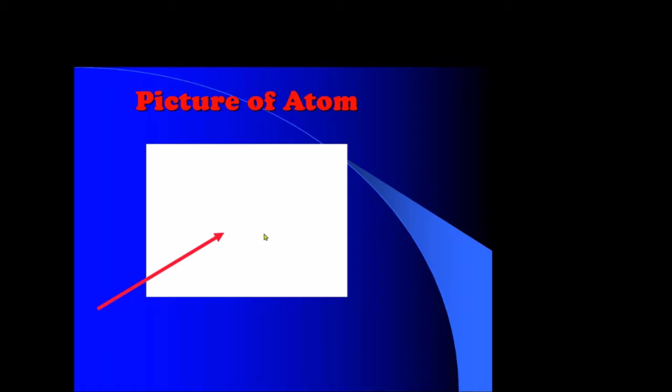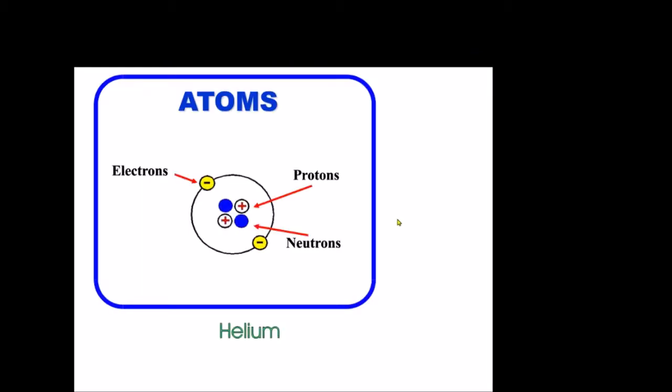So now this is a very rare picture of an atom here. Of course, it's not really, but there is an atom there, but you can't see it, right? We can't really see atoms because they're so small. So here's a basic picture of a very simple helium atom. You can see we have electrons orbiting around the outer edge.